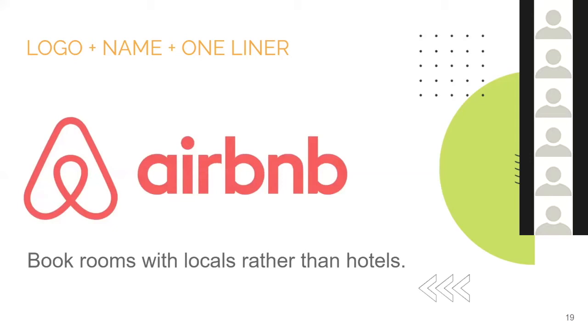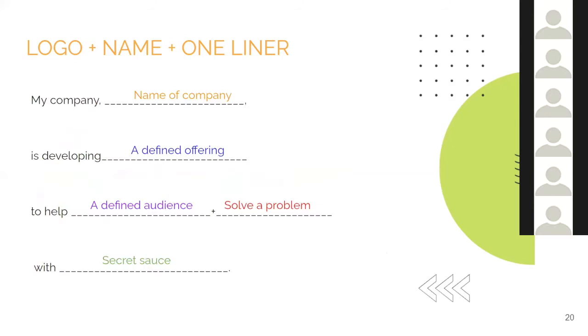So Nancy put together a template for y'all to come up with your logo, name, and one-liner. Here it is. Take a look at this template. My company, in this case Cocoon, is developing an offering to help an audience to solve a problem with a special secret sauce. And we built one for this class for you.